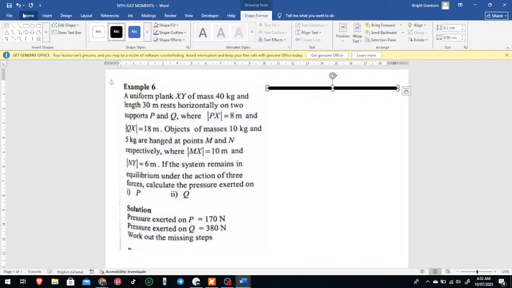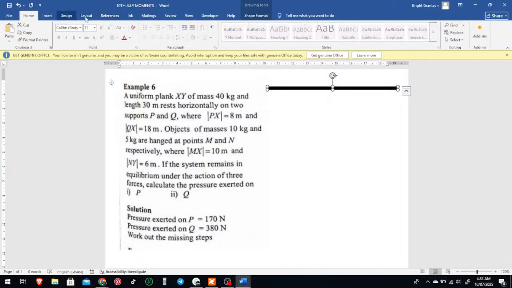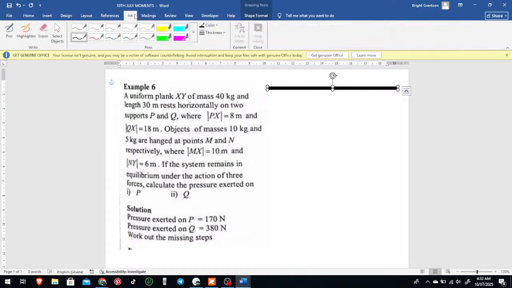So this is our uniform plank, right? It has the length here 30 and has a mass of 40 kilograms. Let me put the X and Y here. In the middle, because it's uniform, the weight is in the middle.